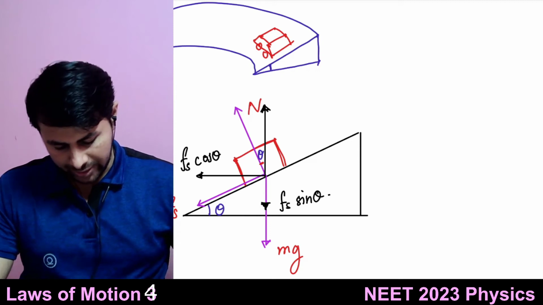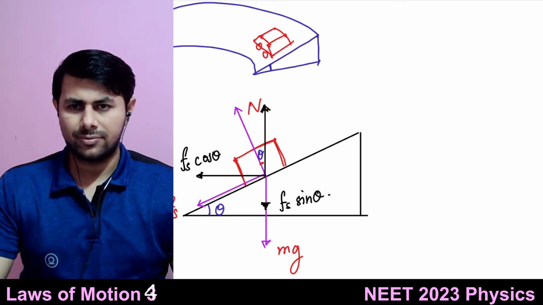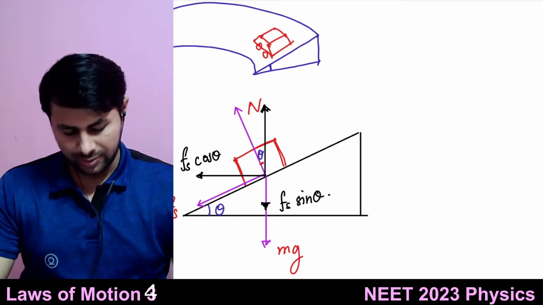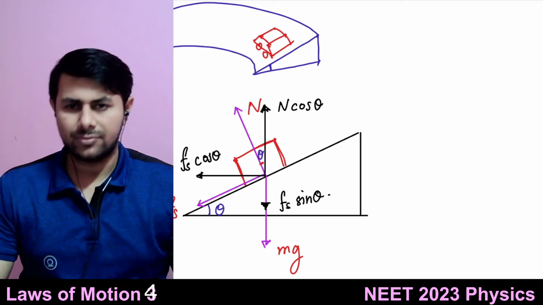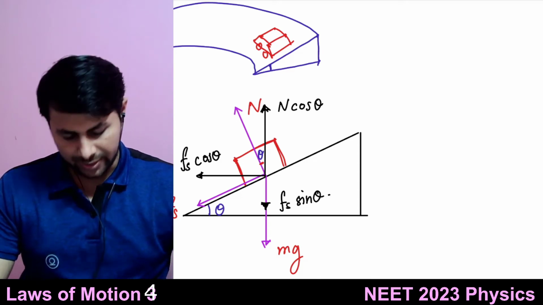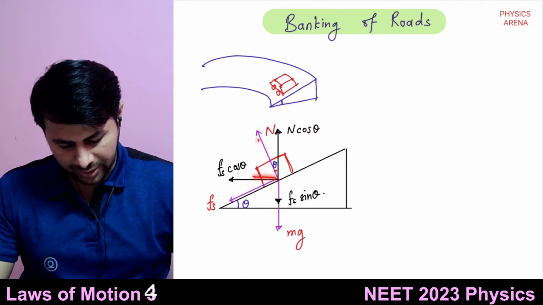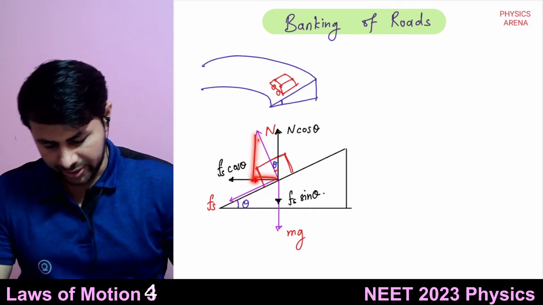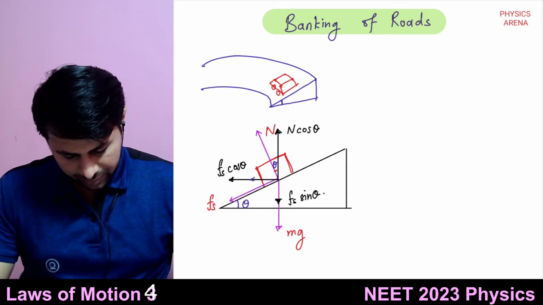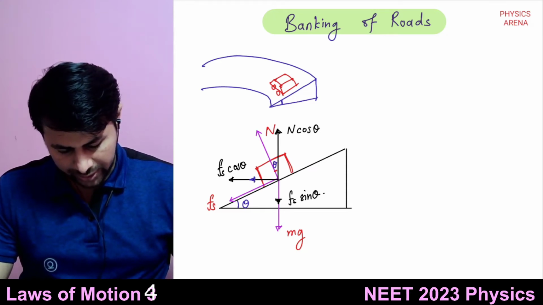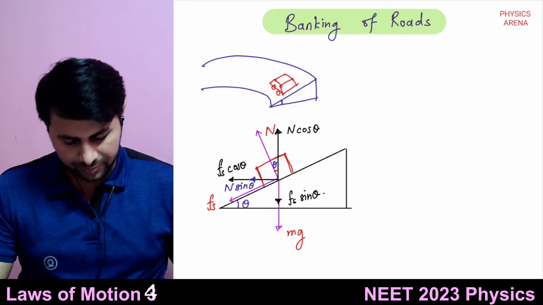So what will be this component? This will be n cos theta. And what will be the component in the horizontal direction? It will be n sin theta. So we'll draw it here, n sin theta.